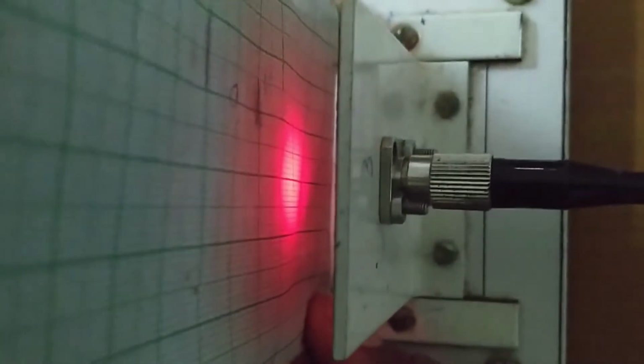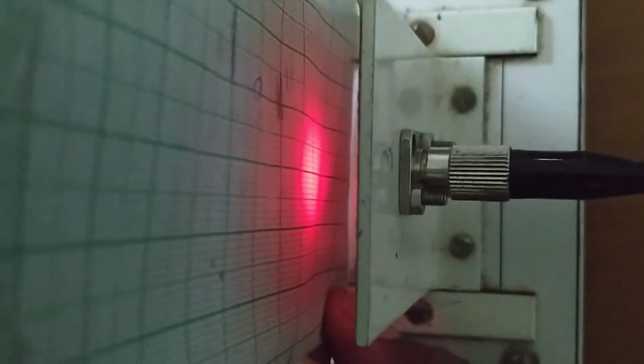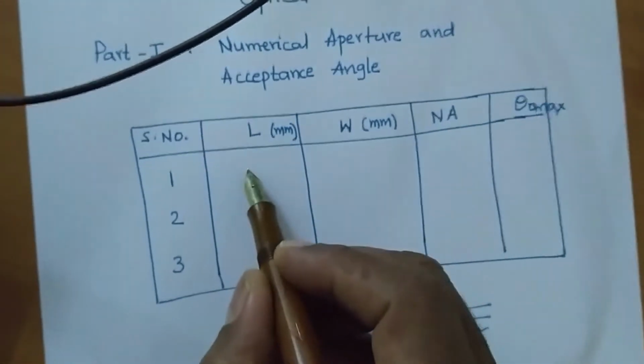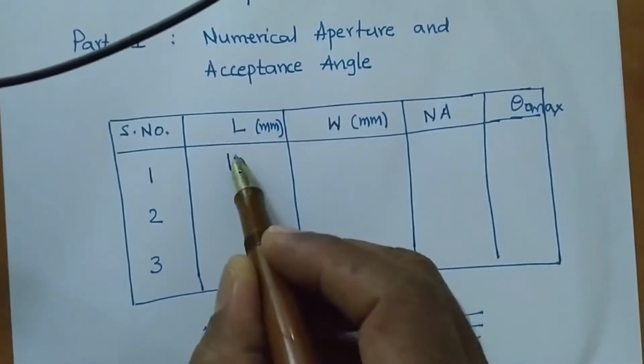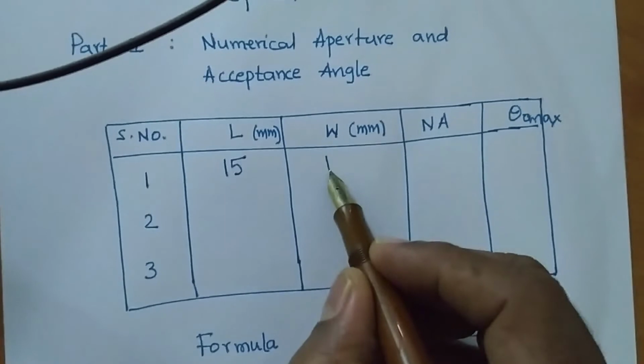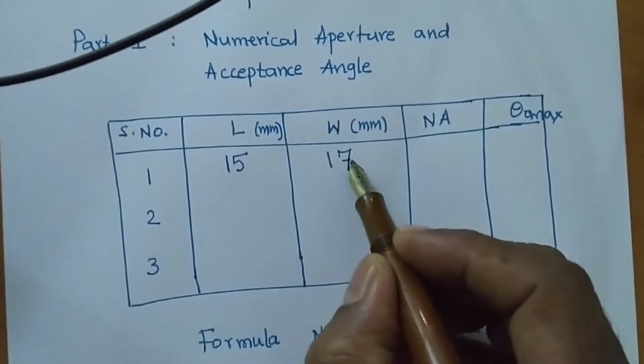Likewise, if I count up to this end, it is around 17 mm. Therefore, I write the first reading: the screen is kept at 15 mm, and the spot diameter is 17 mm.